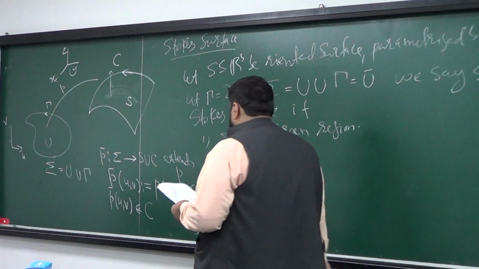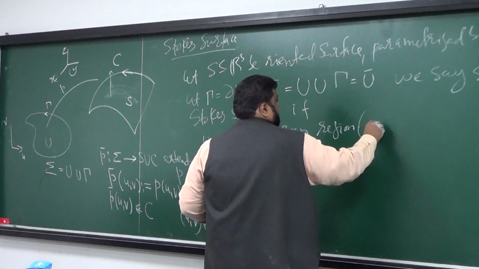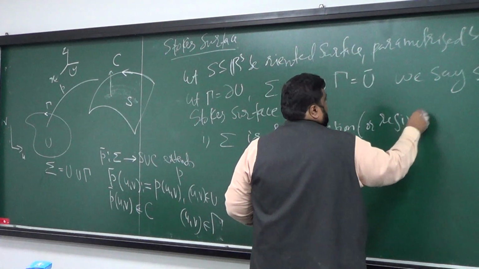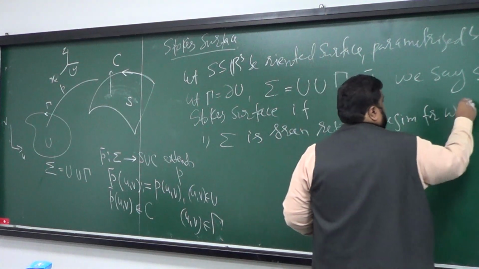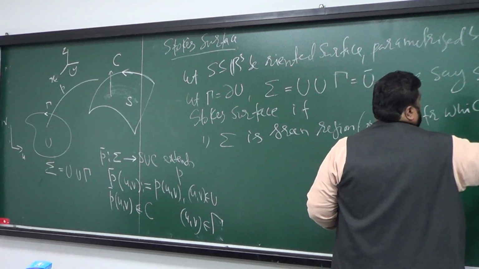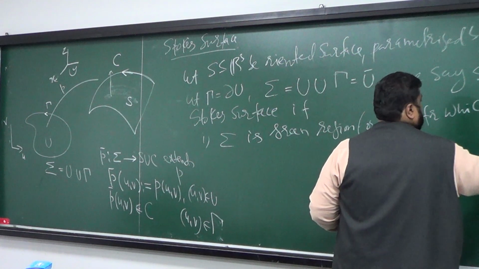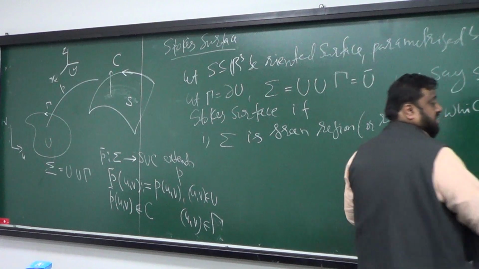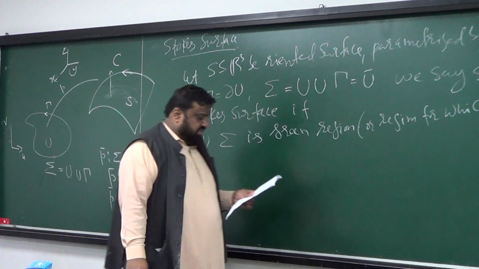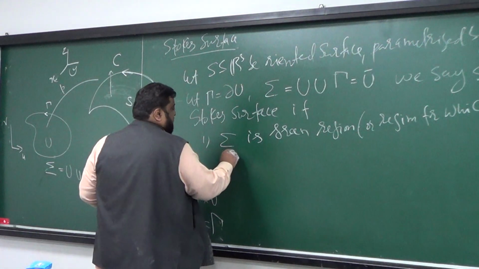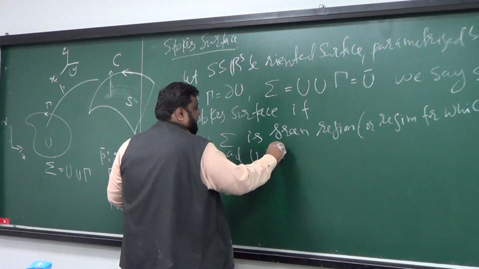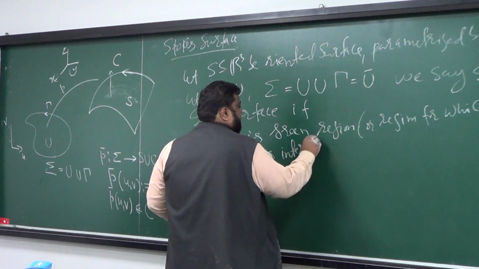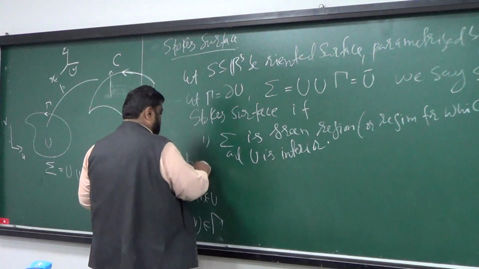Our region, you can say, is one for which Green's theorem holds. Any region for which Green's theorem holds, because I want this Green's theorem. And U is the interior of it.